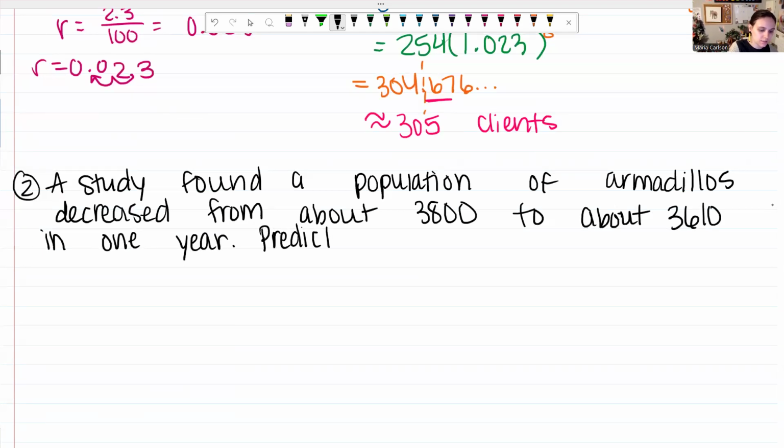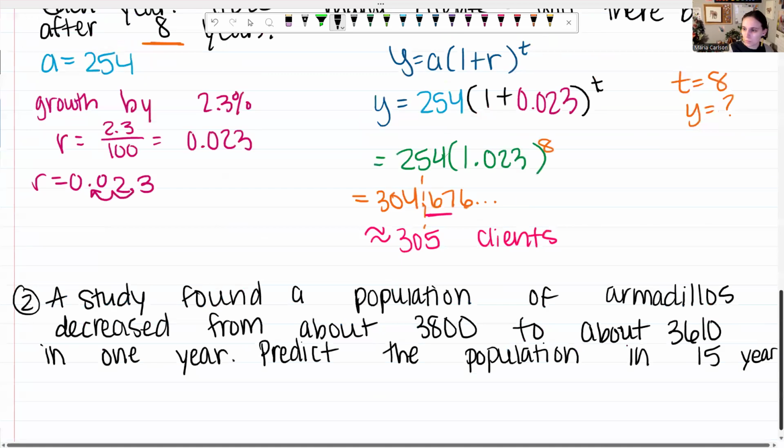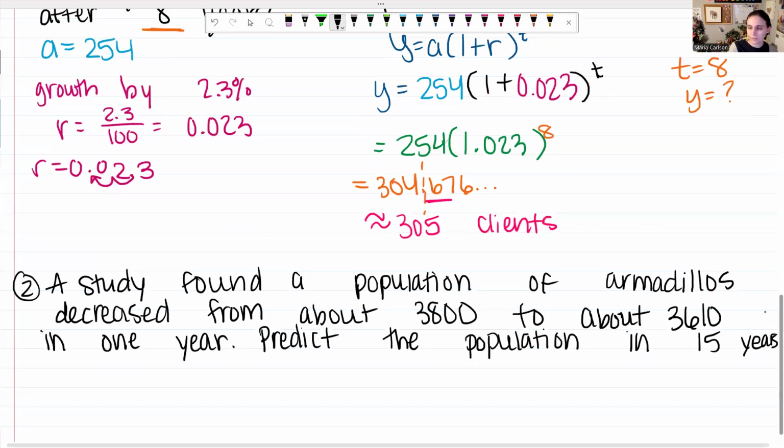Predict the population in about 15 years. Kind of ran out of space there.